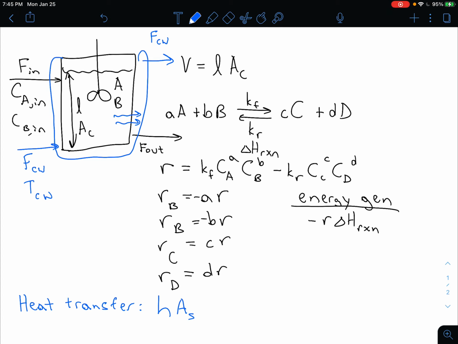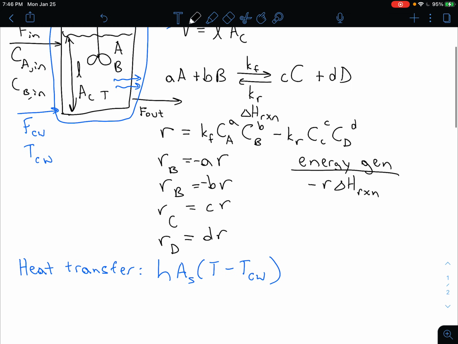Notice that that is not the same as the cross-sectional area of the tank. I have not really explained what the surface area of the tank is, but if it were a cylinder, you could calculate it. It would have to be specified in the problem, times T minus TCW. And T here is the temperature of the fluid in the tank.